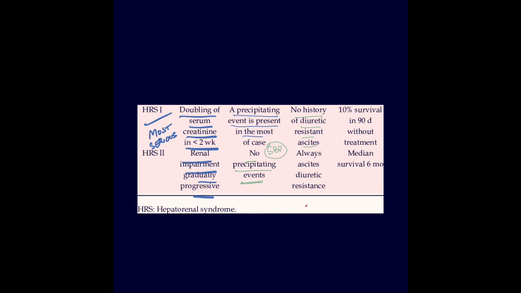What do you mean by diuretic resistant ascites? The patient has ascites and you are giving diuretics in maximum doses, including furosemide and a spironolactone-type agonist like Aldactone.